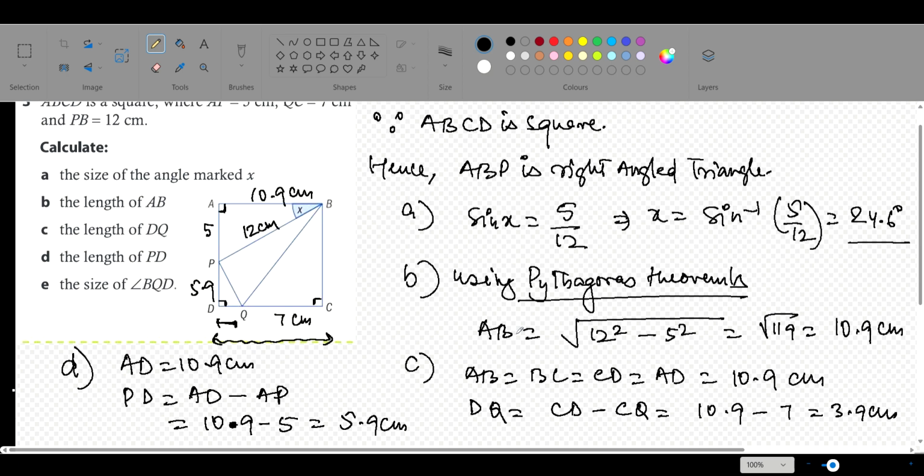Find the size of BQD. Alright, BQD. This one.